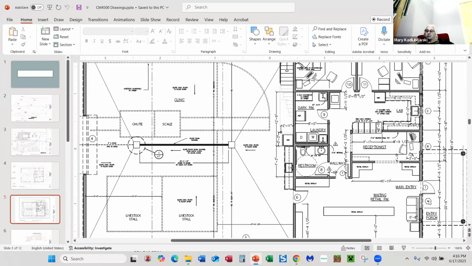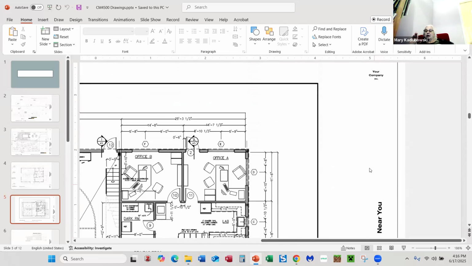Every time you put something on this plan, you're going to want to put that in a schedule, probably here. So you'll put the little S symbol here and call it switch with pole.